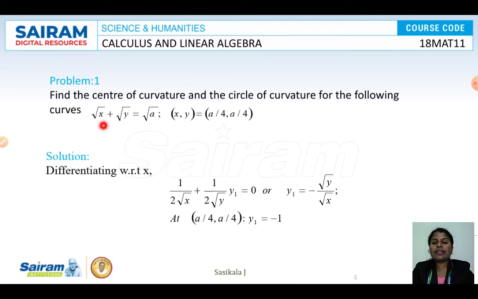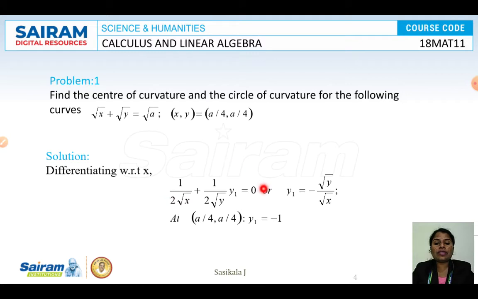Take this curve root x plus root y equals root a and differentiate with respect to x. Root x gives 1 by 2 root x, root y gives 1 by 2 root y times y1, and root a is a constant, so it goes to 0. Keeping y1 on the left side, the 2 will get cancelled.